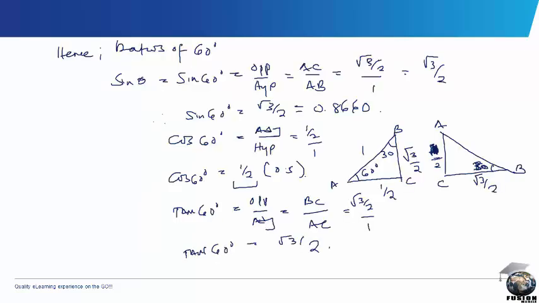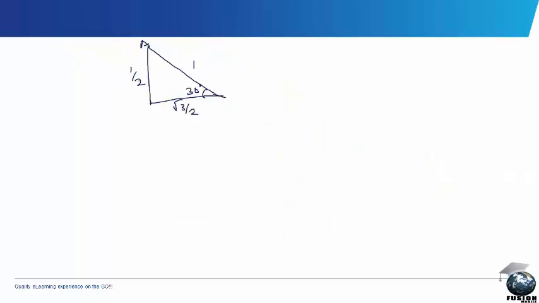That's from the last diagram, with A, B, and C. So we can also develop ratios for 30 using the triangle above.